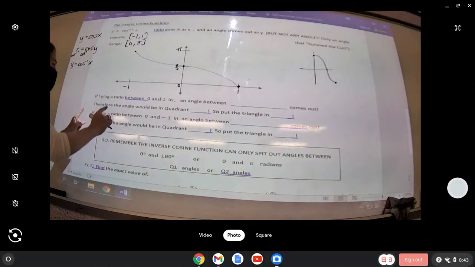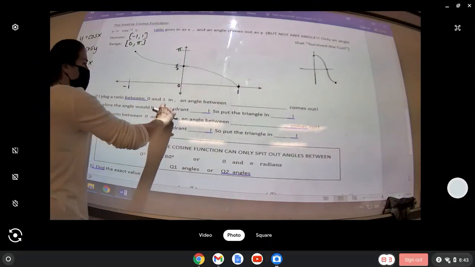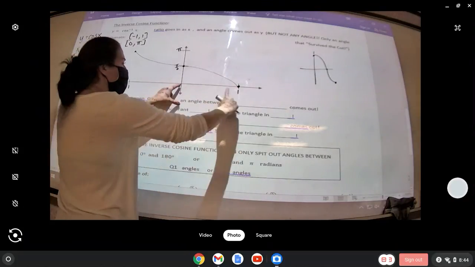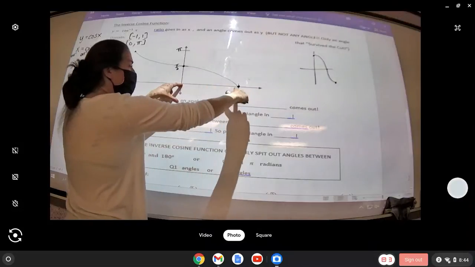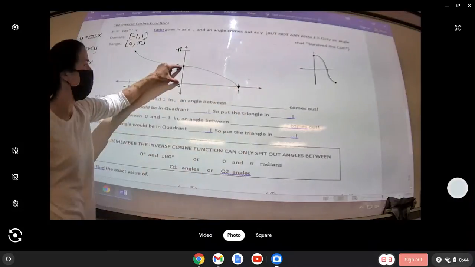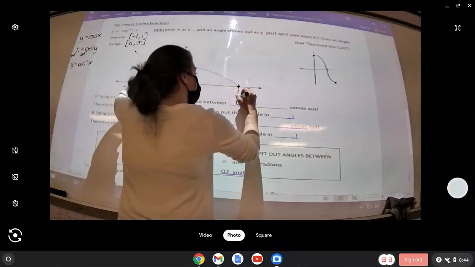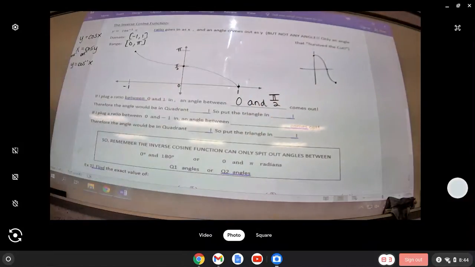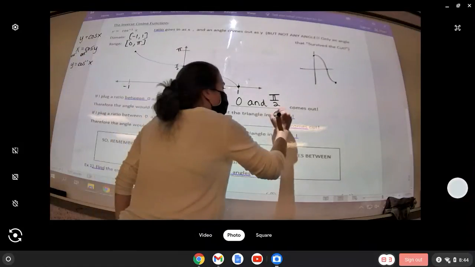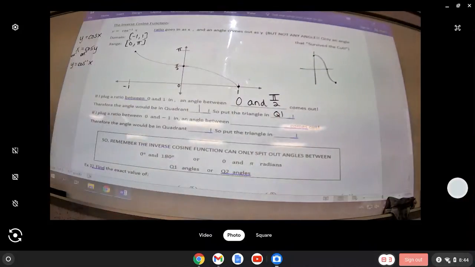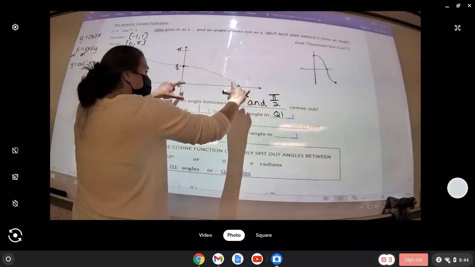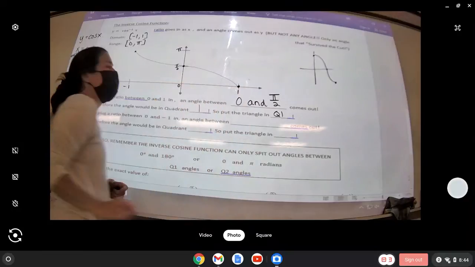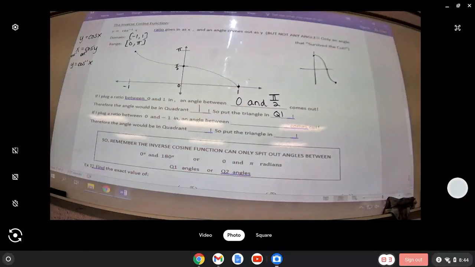So guys, look, this is saying, if I plug a ratio anywhere between 0 and 1 in, an angle between 0 and pi over 2 comes out. So that means the angle would be in quadrant 1. So you would put the angle in quadrant 1. If you take the inverse cosine of a positive ratio between 0 and 1, it's spitting out your quadrant 1 angles.